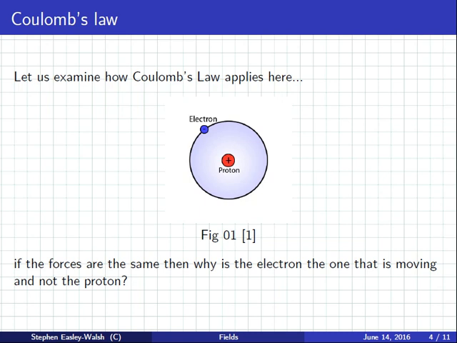It's because of the mass, and we talked about this in an earlier worksheet. Because the proton is heavier, it pulls the electron around, because it's not really the force that matters, but the acceleration. And the acceleration is force divided by mass. So here, the acceleration is force divided by a small mass, which is quite big.